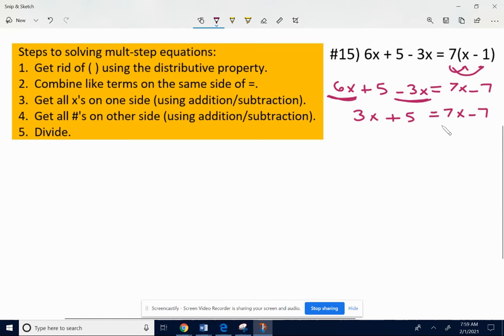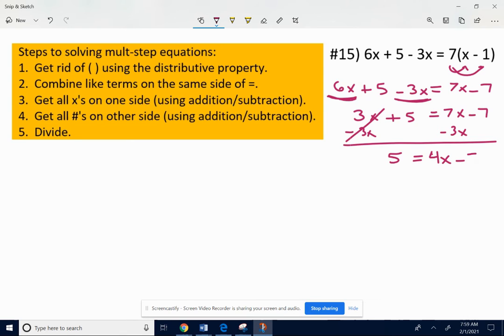I'm going to get rid of the 3x that's added, so I'm going to subtract 3x from each side. It wouldn't have mattered if we got rid of the 7x instead. When you do that, you end up with 5 on the left. 7x minus 3x is 4x. So we have 5 equals 4x minus 7.